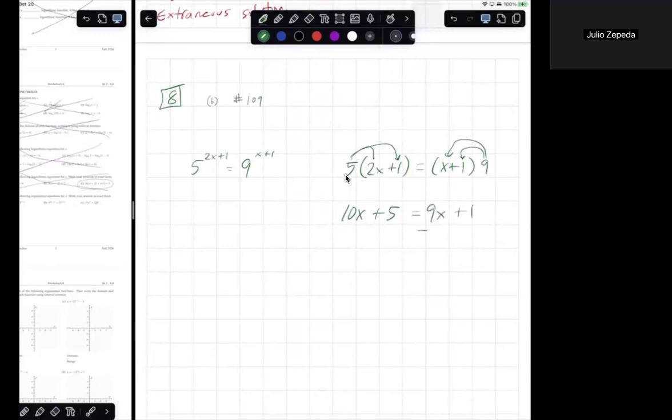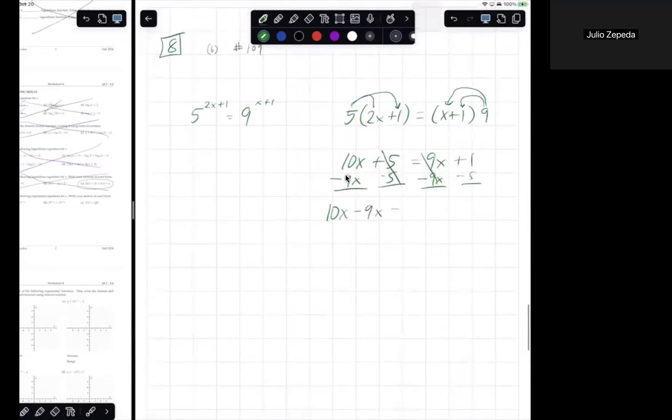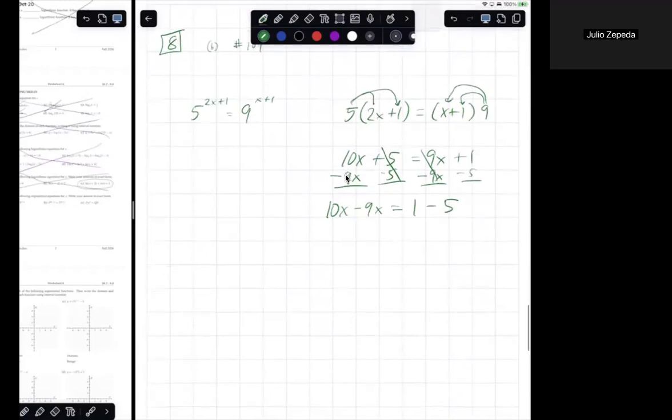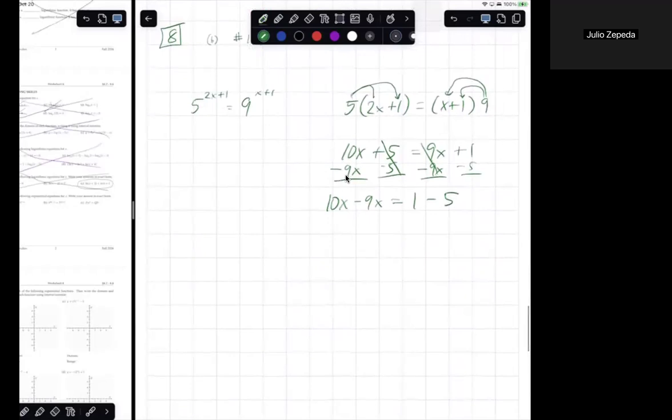Then we would get all of the x terms on the left-hand side, 10x minus 9x, and all of the non-x terms we want to cancel out on the left-hand side and get them on the right-hand side, 1 minus 5. And of course, here we could combine like terms. I'm going to do this without combining like terms, and just stay with me here because this is going to be helpful for the next equation that we're going to solve.